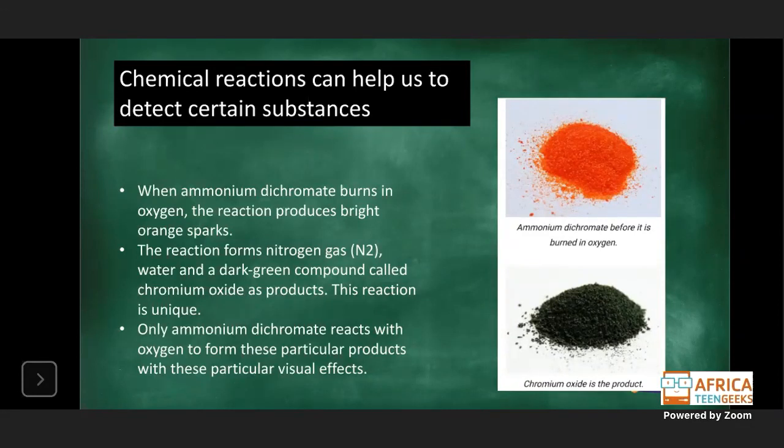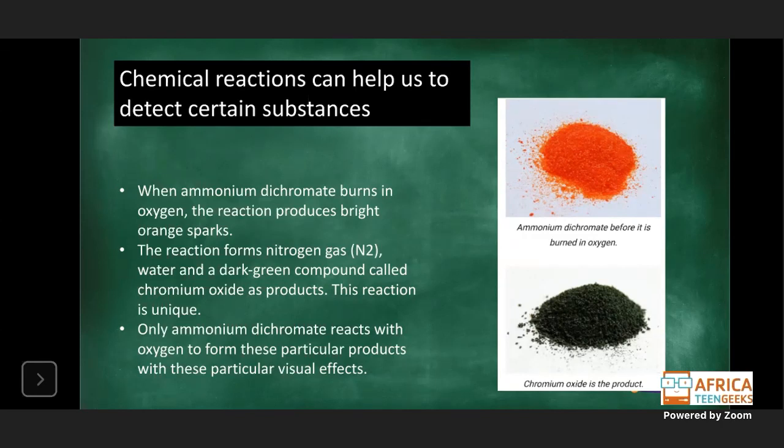And you can see the chromium oxide here on the picture on the right. It's the one at the bottom. And this reaction is unique because only ammonium dichromate reacts with oxygen to form these particular products. So if the ammonium dichromate reacts, then we know that we have a presence of oxygen in the space.